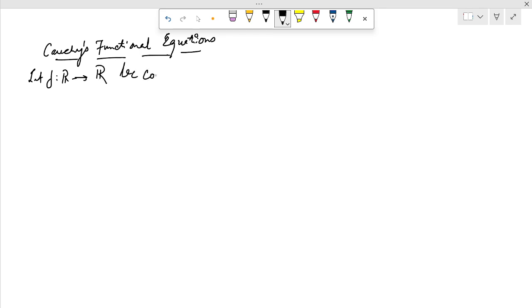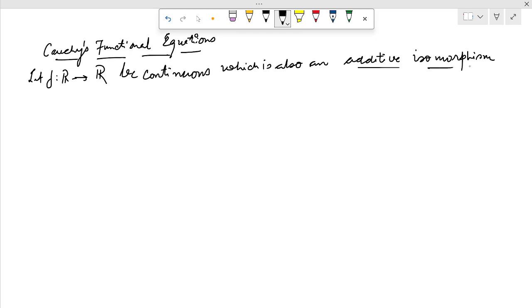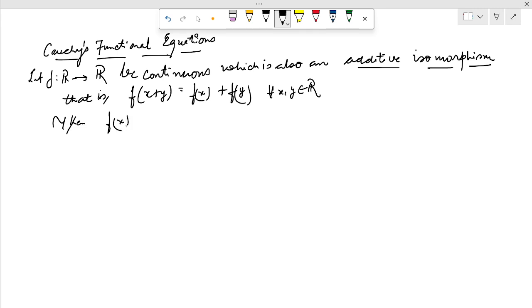be continuous, which is also an additive isomorphism, that is f(x+y) = f(x) + f(y) for all x, y belonging to R. Then one must understand that f(x) will be equal to some linear function, which is lambda x, and here lambda is equal to f(1).